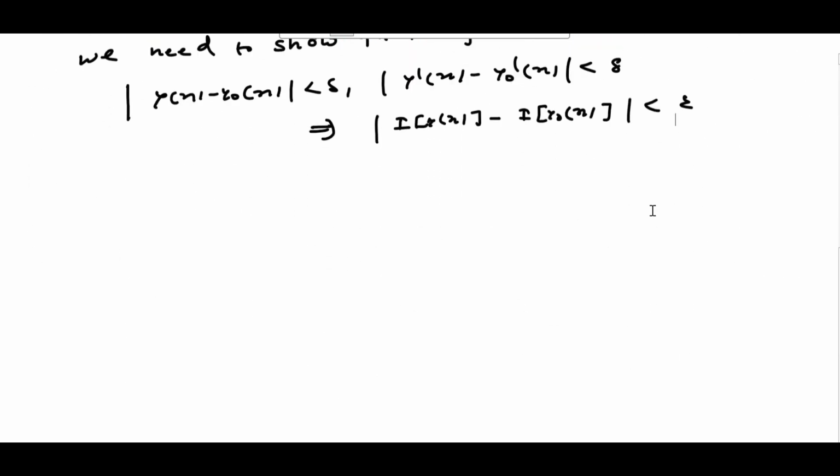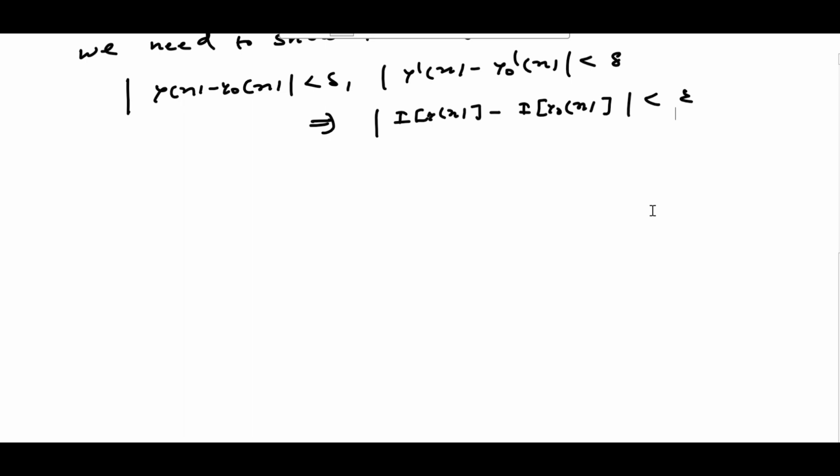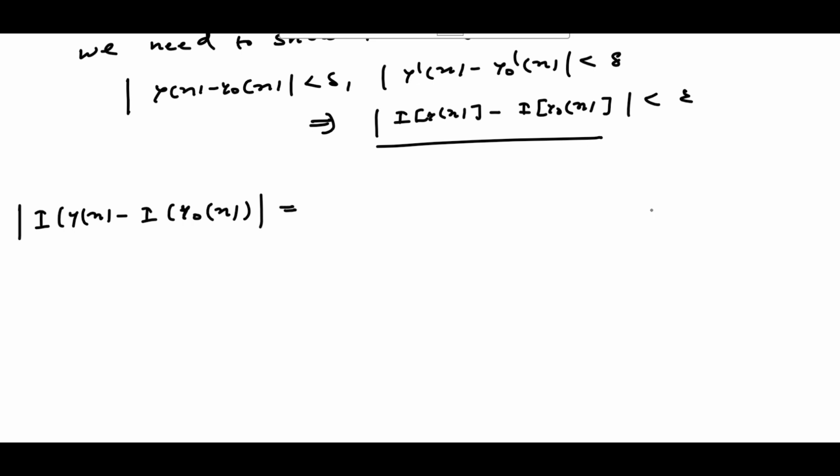So by using that, we have to simplify this expression, mod of I of y of x negative I of y naught of x.